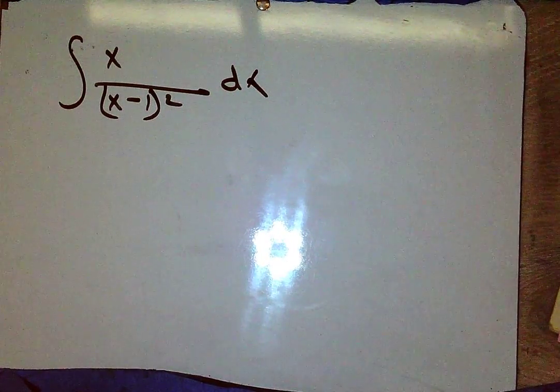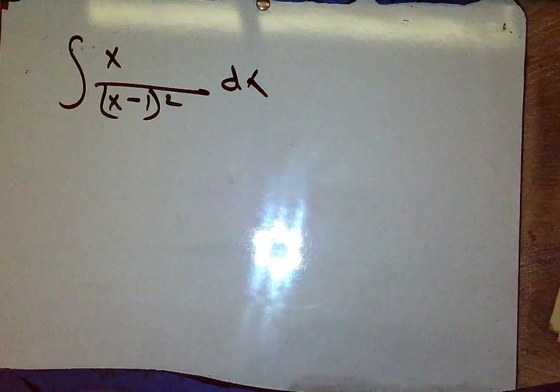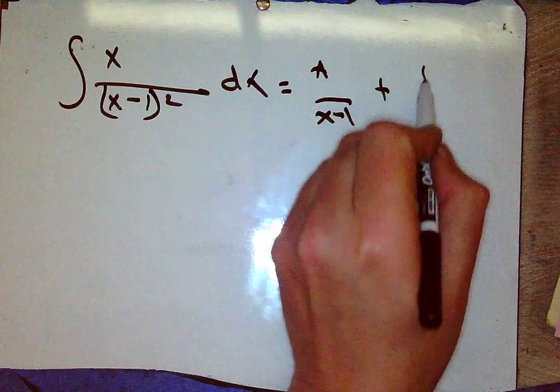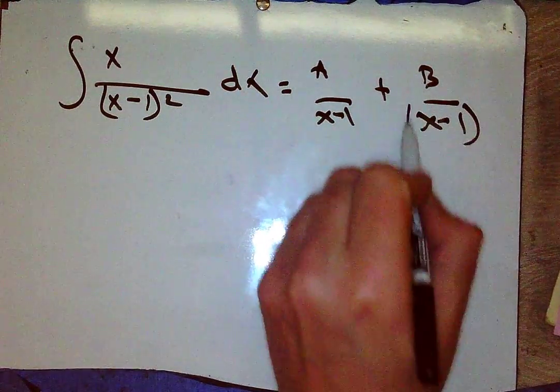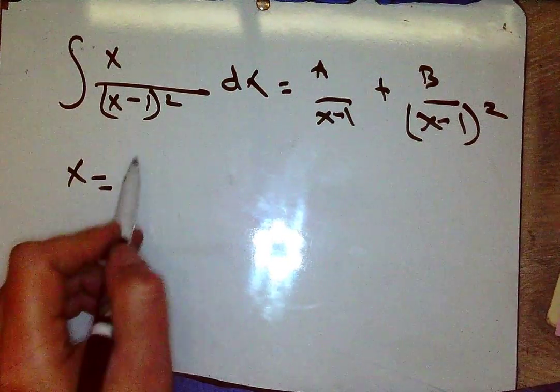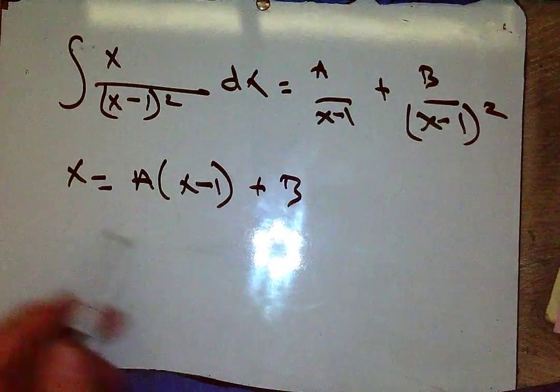Okay, so I think I'm going to do partial fraction decomposition here. A over x minus 1, b over x minus 1 squared. So I'm going to get x equals a times x minus 1 plus b.